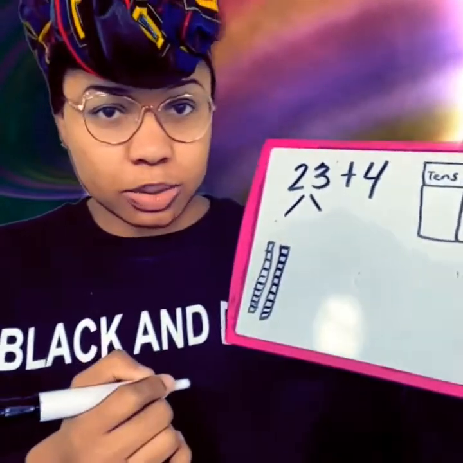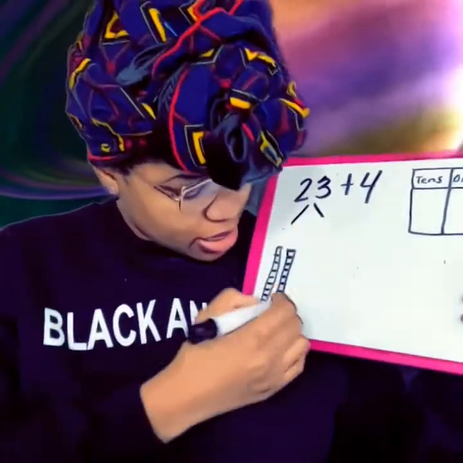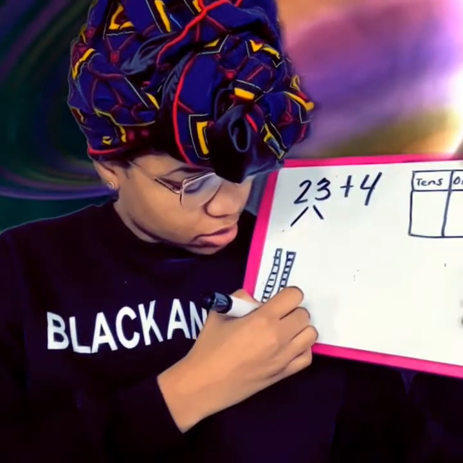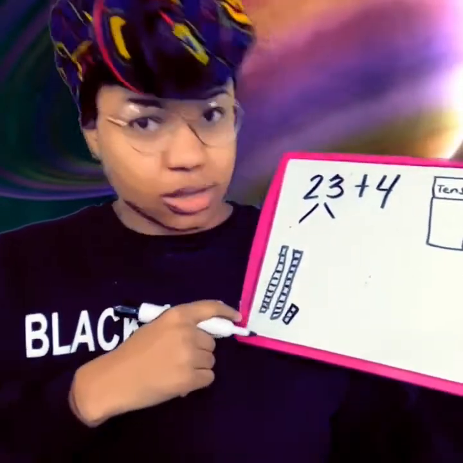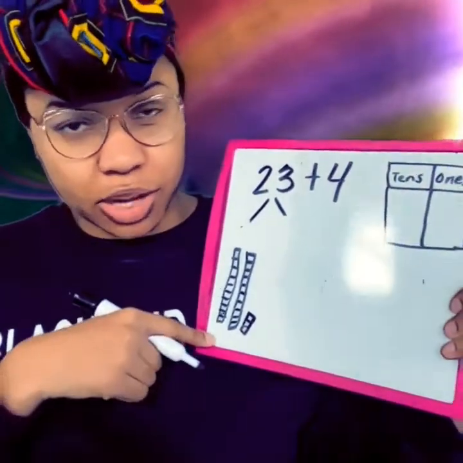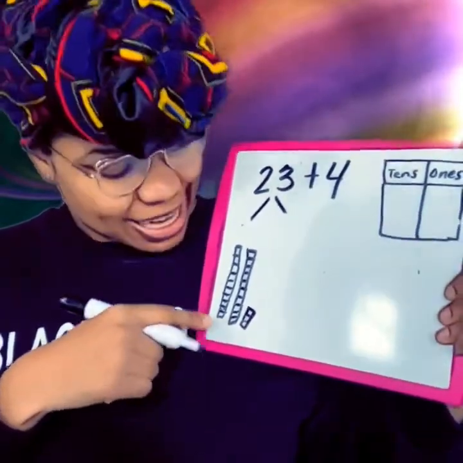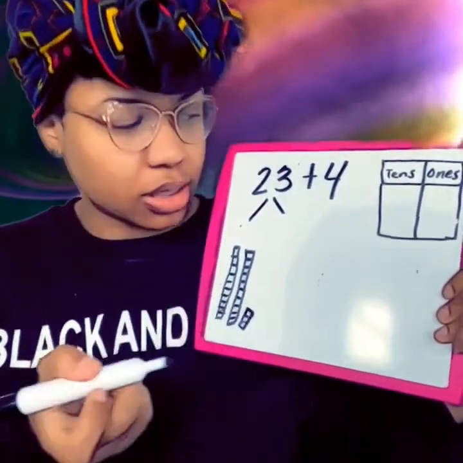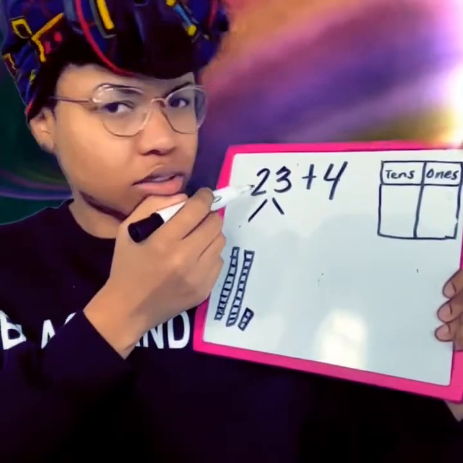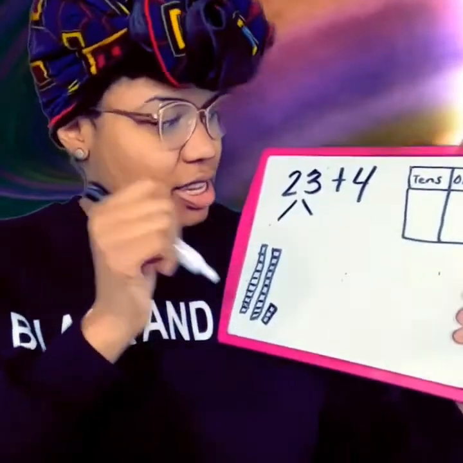So I have my 2 groups of 10 and then my 3 extra ones. 1, 2, 3. Now let me double check with me. Get ready. 10, 20, 21, 22, 23. So I know that I have 23.